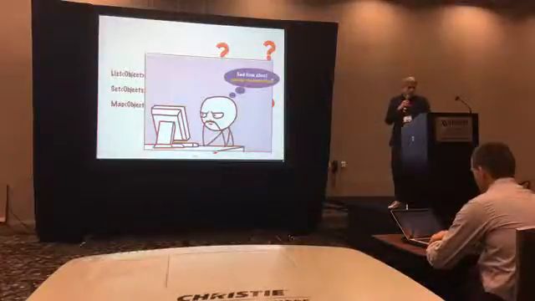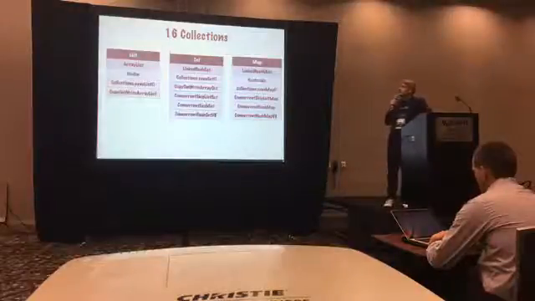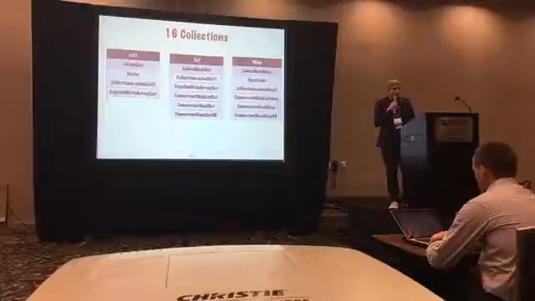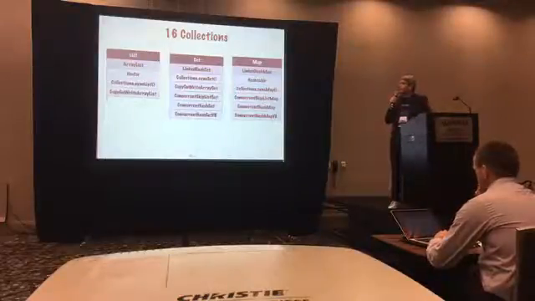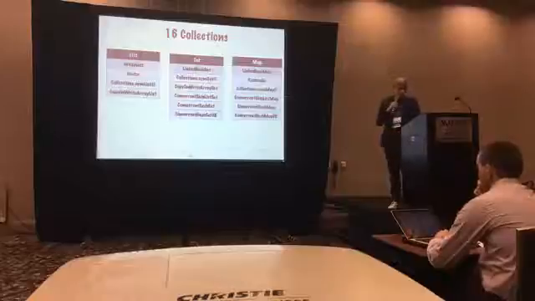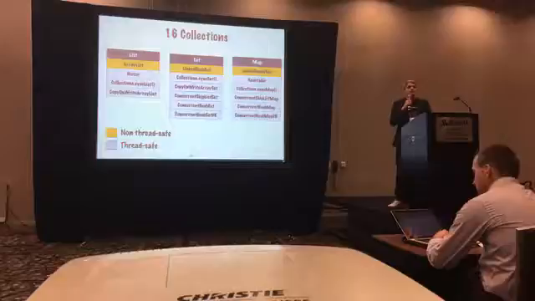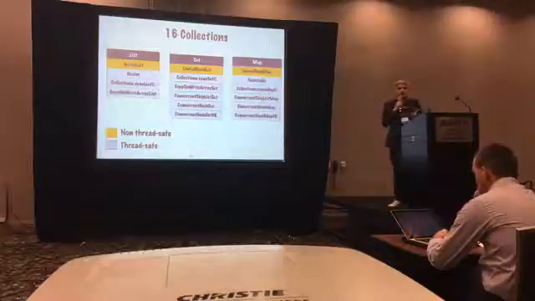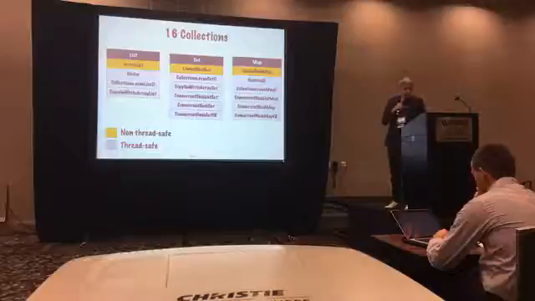To provide the answer to this question, we studied 16 collections grouped by three interfaces. For each interface, we selected a non-thread-safe implementation to work as our benchmark and several other thread-safe implementations.